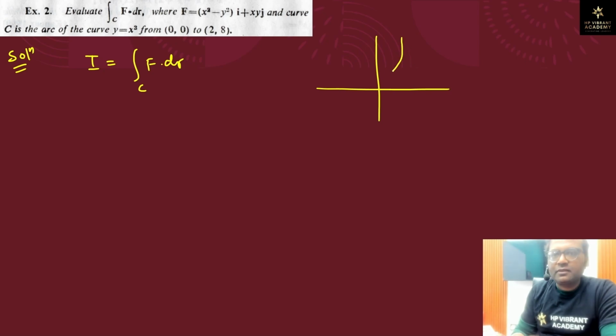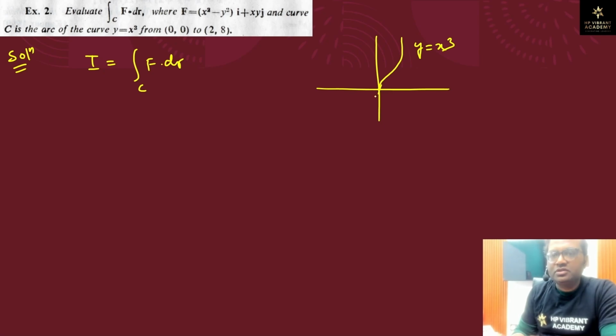Let us discuss question number 2, how we can solve this. Similarly, we have to evaluate the line integral. Let us take I is equal to f dot dr line integral. The curve C is the arc of a curve y is equal to x cube.